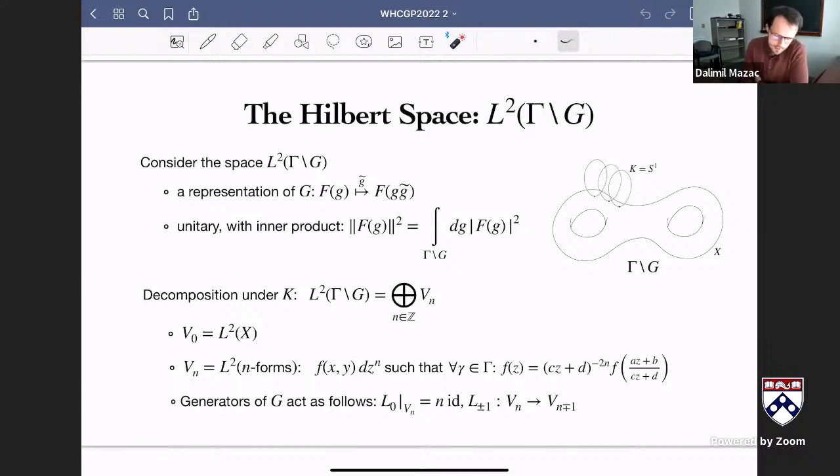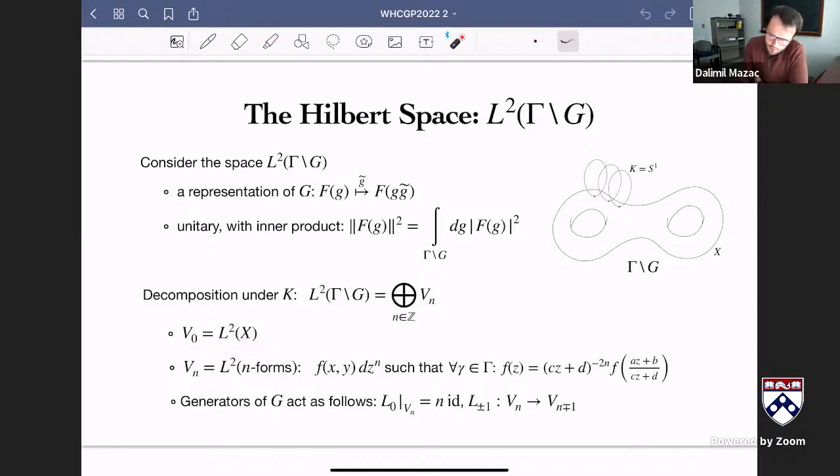Now, what is this Hilbert space? Well, one way to understand it is to decompose it under the action of the maximal compact group, which is just the circle. So it's like a Kaluza-Klein decomposition around this circle, labeled by the momentum around the circle, so it's a representation of SO2. The functions in V0 are invariant under rotations.